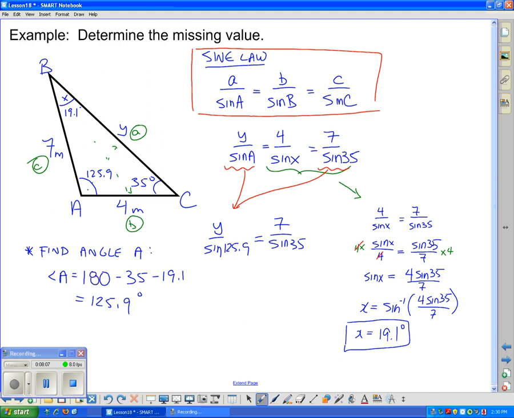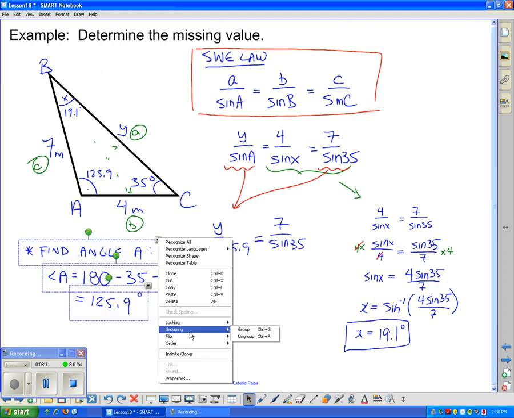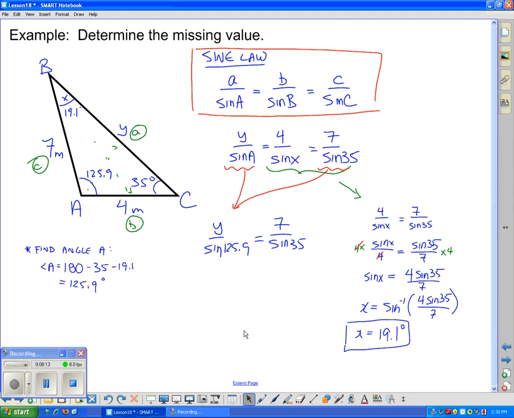In this case, the unknown values are in the numerator, so we don't have to flip the fraction. So now we multiply both sides by sine 125.9, as the inverse operation. So now we get y is equal to 7 times the sine of 125.9 over sine 35.